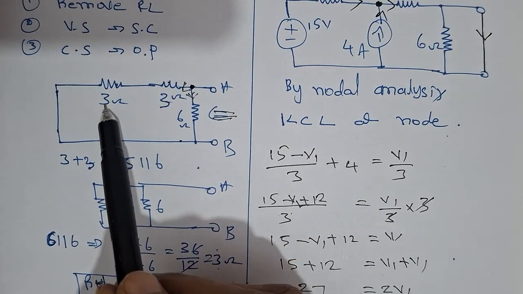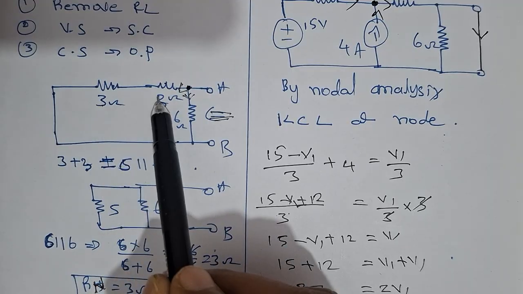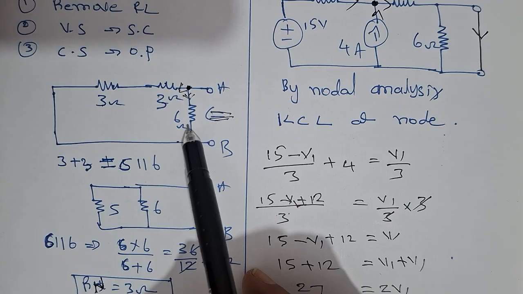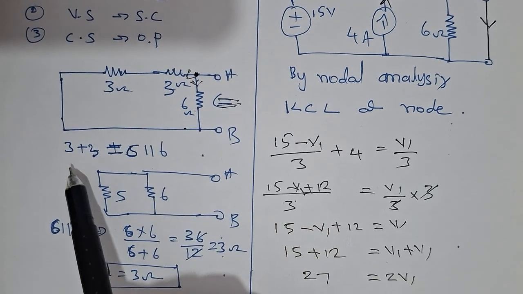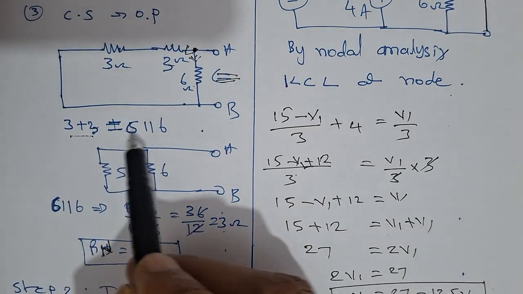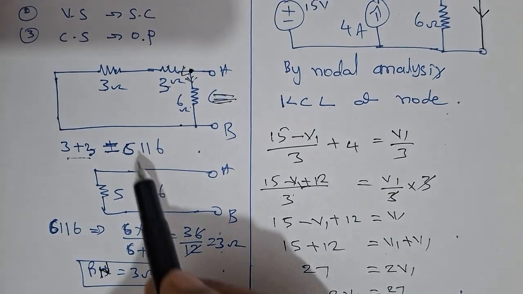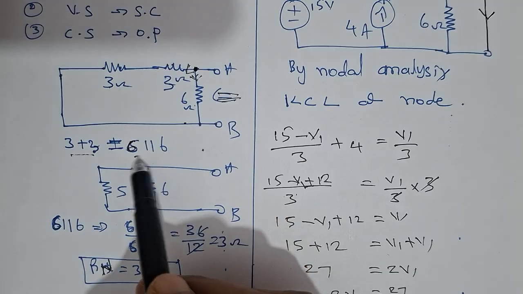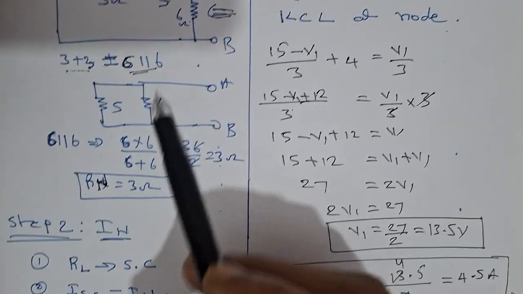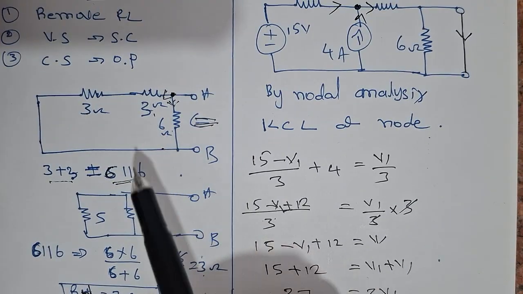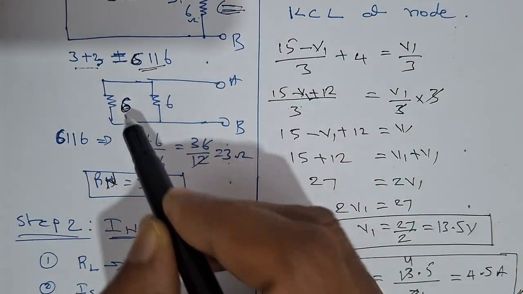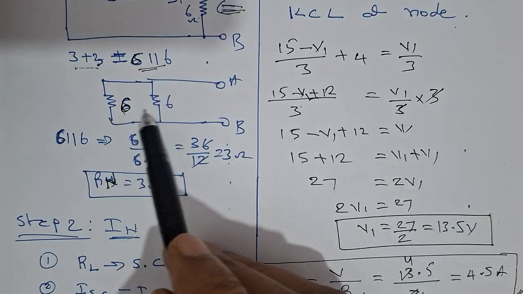Therefore 3 plus 3 are connected in series, and this resultant is again in parallel to the 6 ohms. Therefore 3 plus 3 is 6 ohms, and the 6 ohms are again in parallel. If you redraw this circuit diagram like this, this is the 6 ohms, and both 6 ohms are in parallel.